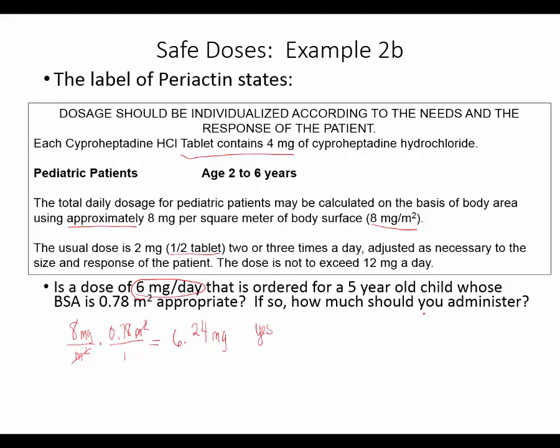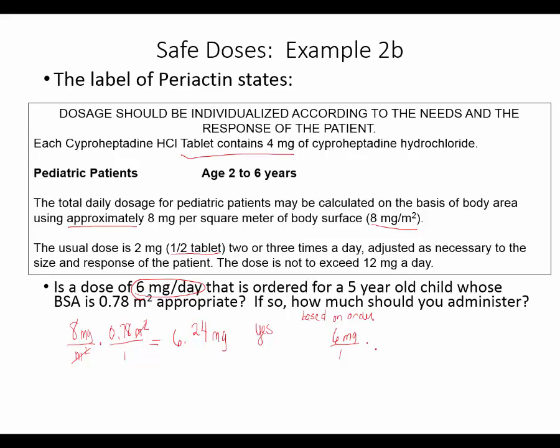Well, when I administer meds, I want to administer what the doctor ordered. The doctor ordered 6 milligrams per day. Based on the order, which is how I always want to administer meds, the doctor has ordered 6 milligrams. I'll put that over 1 as a one-time, or in this case, one-day dose.